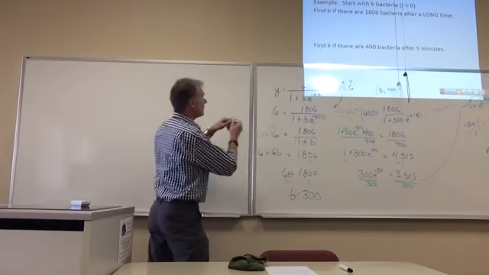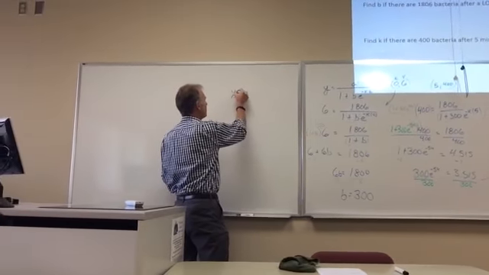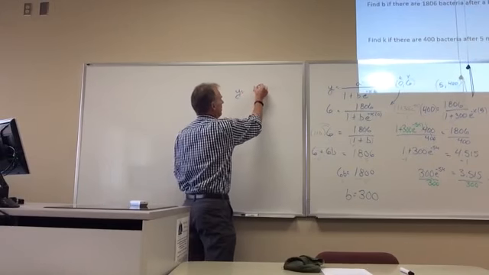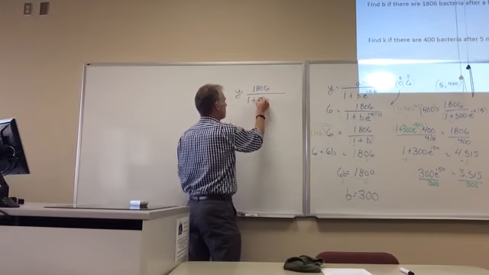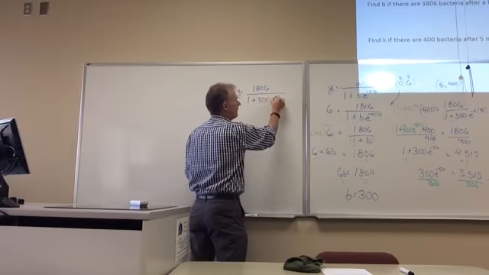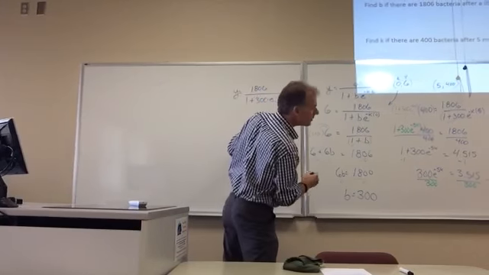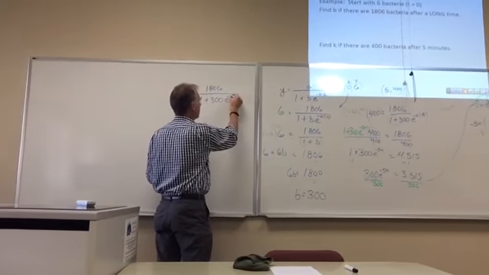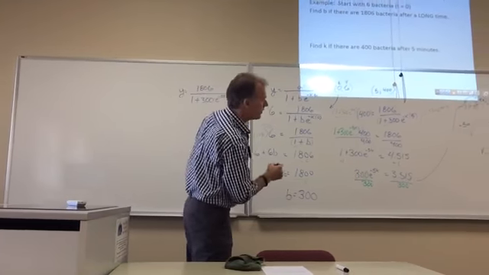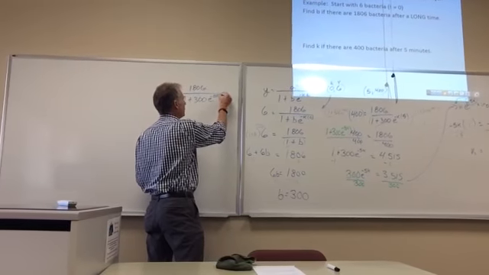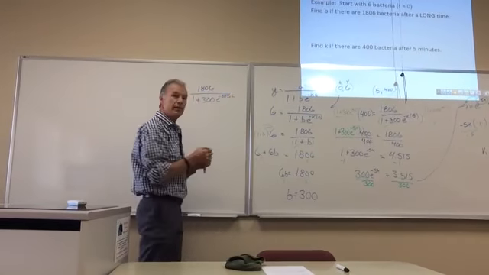So the equation for modeling that situation, we're going to have 1806 divided by 1 plus 300 e to the negative 0.88. Which rounding should we do? I guess we can go with 4 times t. Okay?